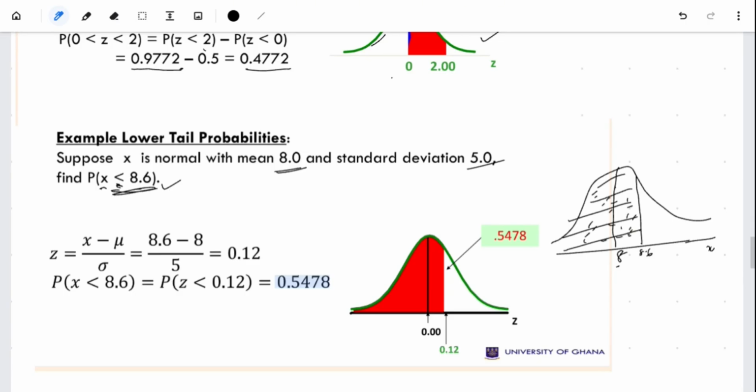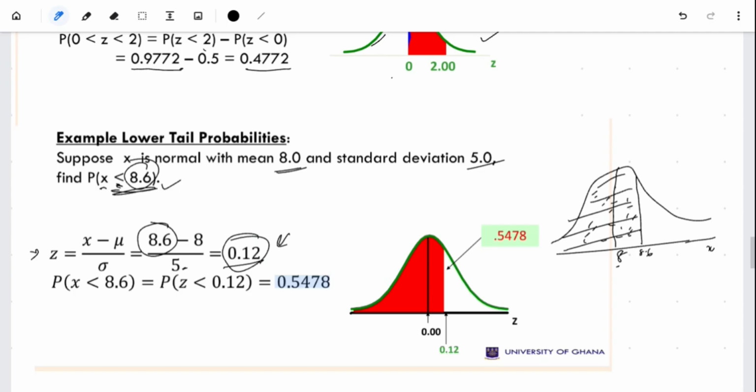So first of all, you have to translate them. We are done with drawing our graph. We translate from S to Z, and we know translating from S to Z goes with this formula. Z is equal to S minus the mean over the standard deviation, and our S has been given here as 8.6. So 8.6 minus 8.0 divided by the standard deviation, we get this, right? And then we trace this from our Z distribution table, because now this is the Z value.